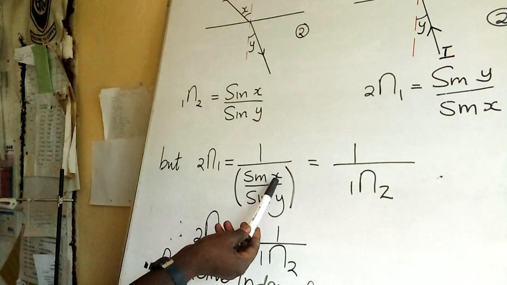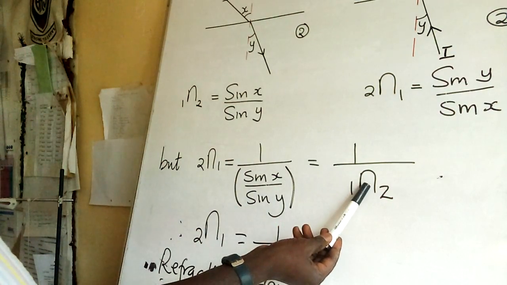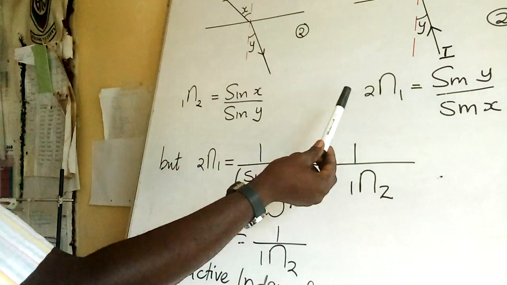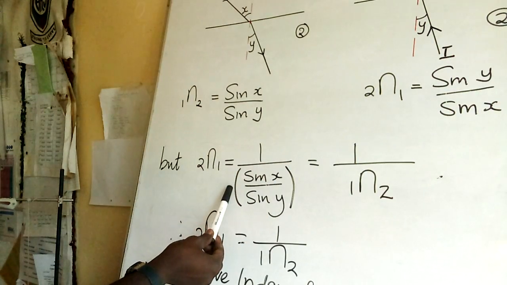So this can be written as that. Therefore, in conclusion, 2n1 is equal to 1 over 1n2. This is a relationship that you have to build.